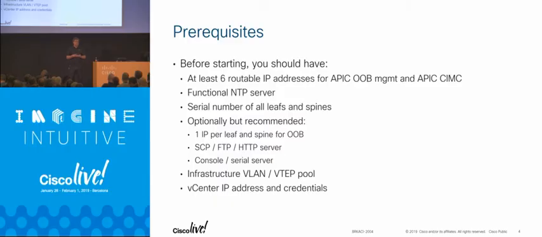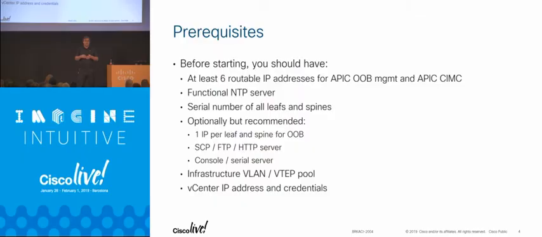Should you lose your out-of-band management to your APICs, you can still use that CIMC system to get onto the platform, and it will allow us to troubleshoot potentially hardware issues, boot issues, etc. We once in a while see customers forgetting that, and then when they contact Cisco and they have some problems, that's typically something that we have to tell them, look, unfortunately, you didn't configure it. We have some ways around it, but for all good planning purposes, you will now always use 6 IPs. So make sure you configure the CIMC.